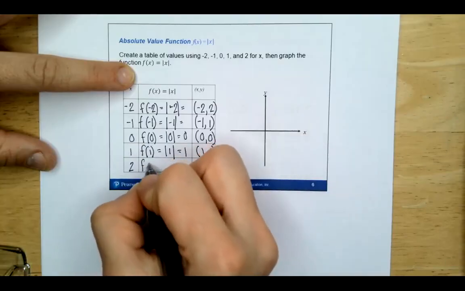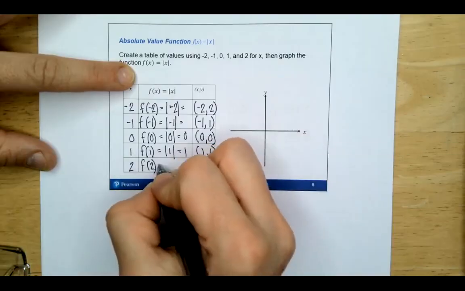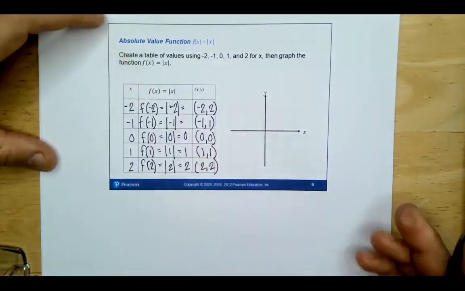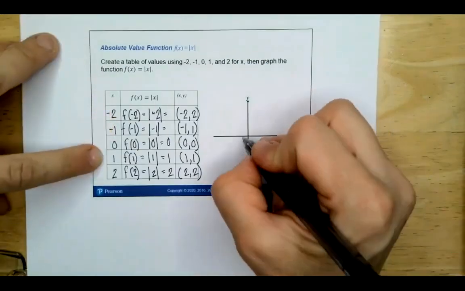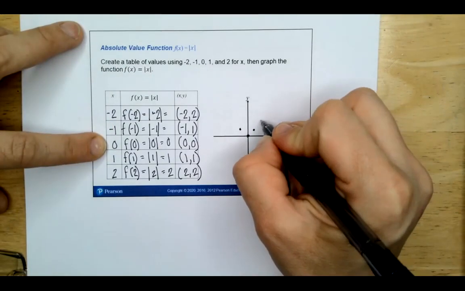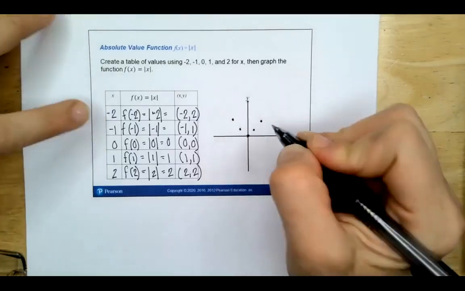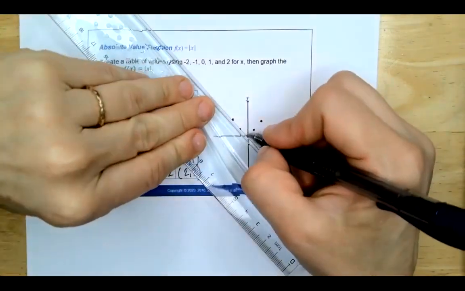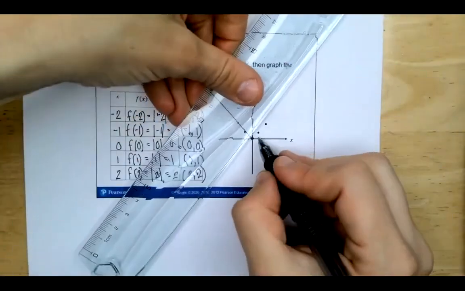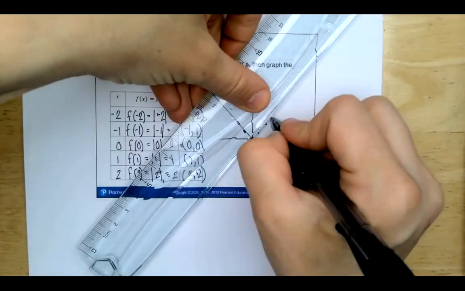And then the absolute value of all your positives are just going to be kept the same. So what is the graph of the absolute value function? We got 0, 0. We got 1, 1. We got -1, 1. We got 2, 2. We got -2, 2. So for the absolute value function, my y's are always positive, even if my x's are negative.